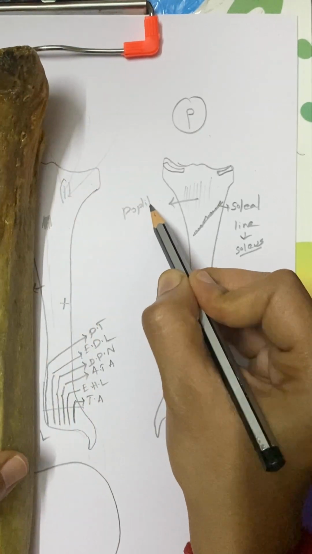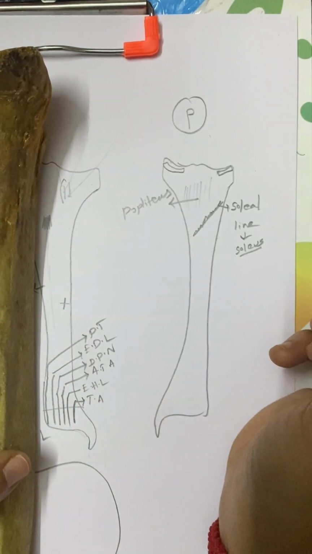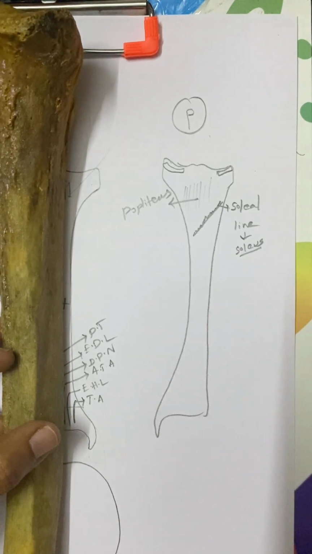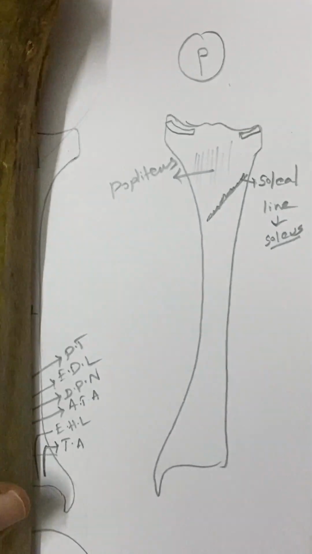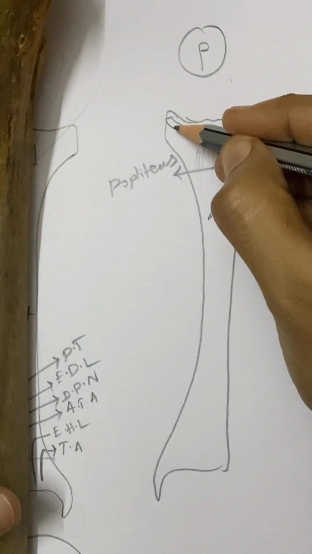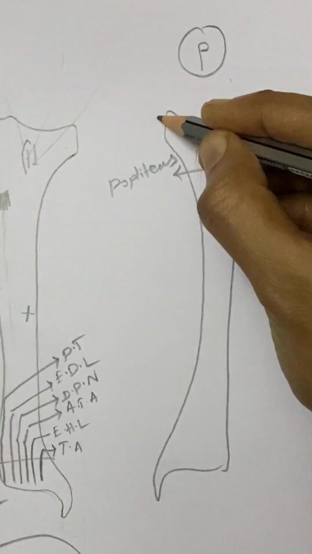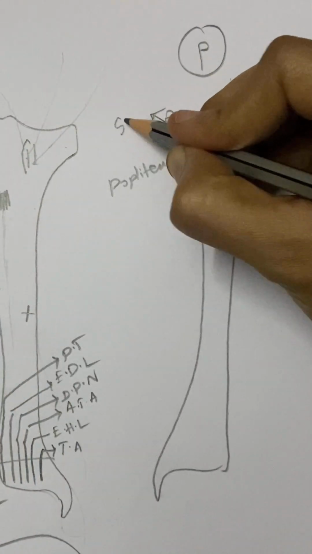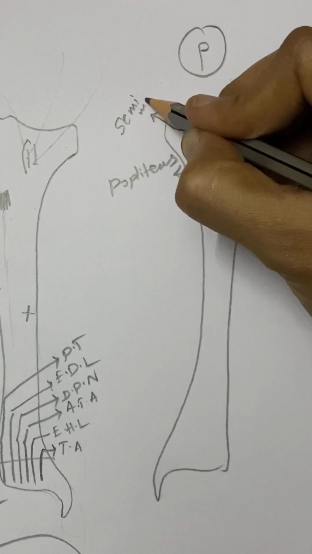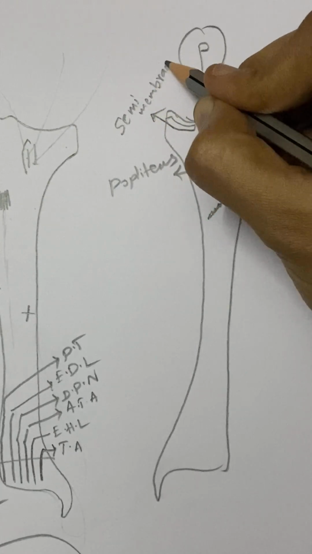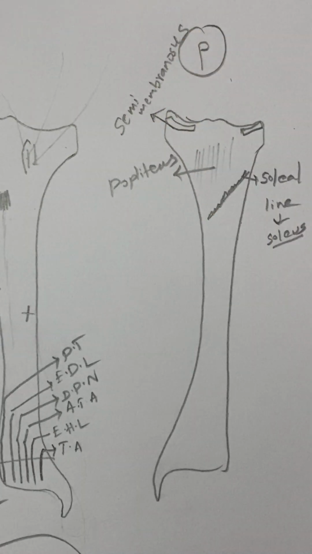The posterior part of medial condyle gives attachment to semimembranosus muscle. Here posterior part of lateral condyle gives attachment to popliteus.